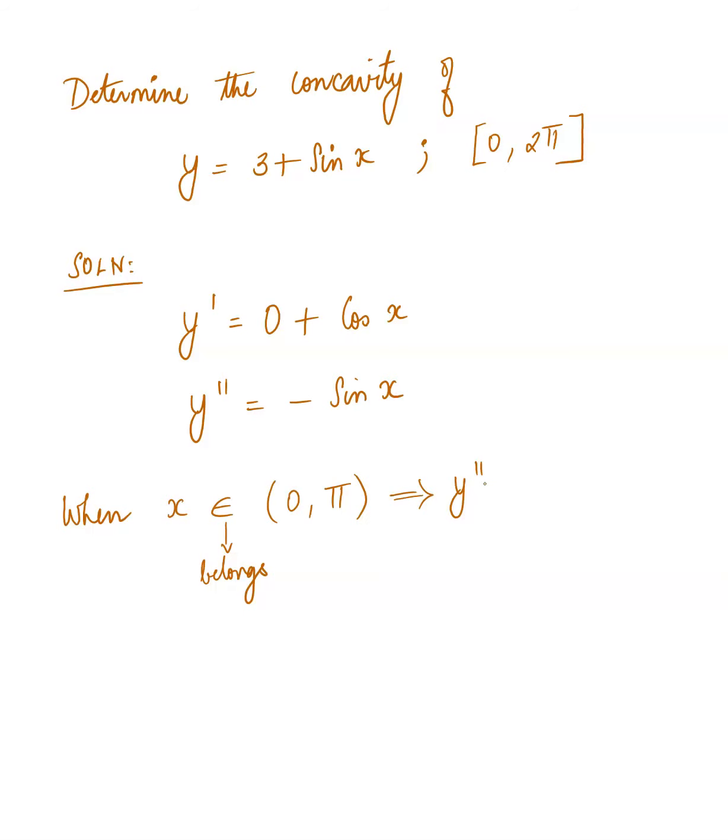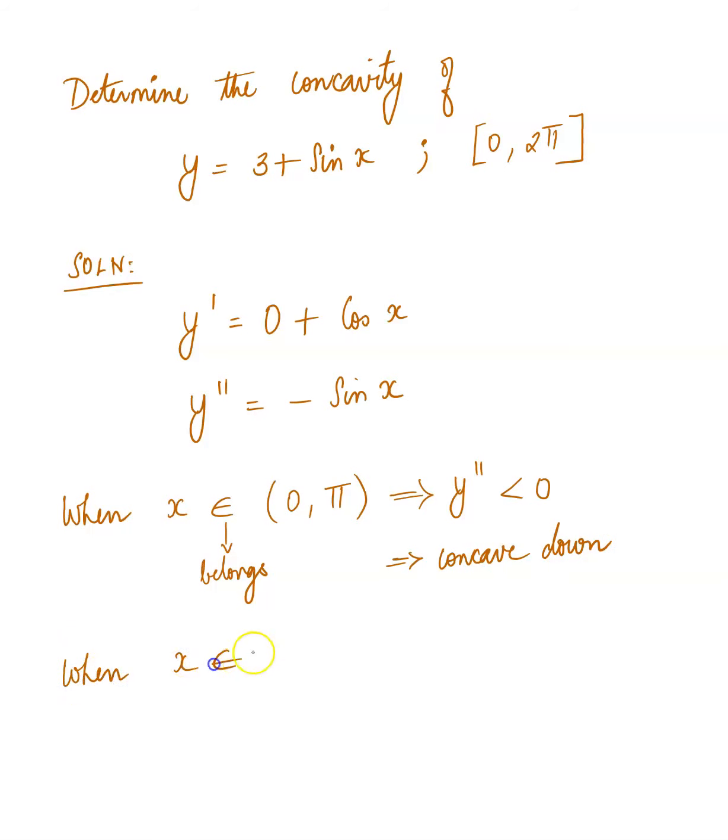So choose a test point and do negative sine of, say, 3, and make sure that it's in radian mode. Okay. That comes out to be negative, which means it's concave down, and that's over that interval 0 to pi.